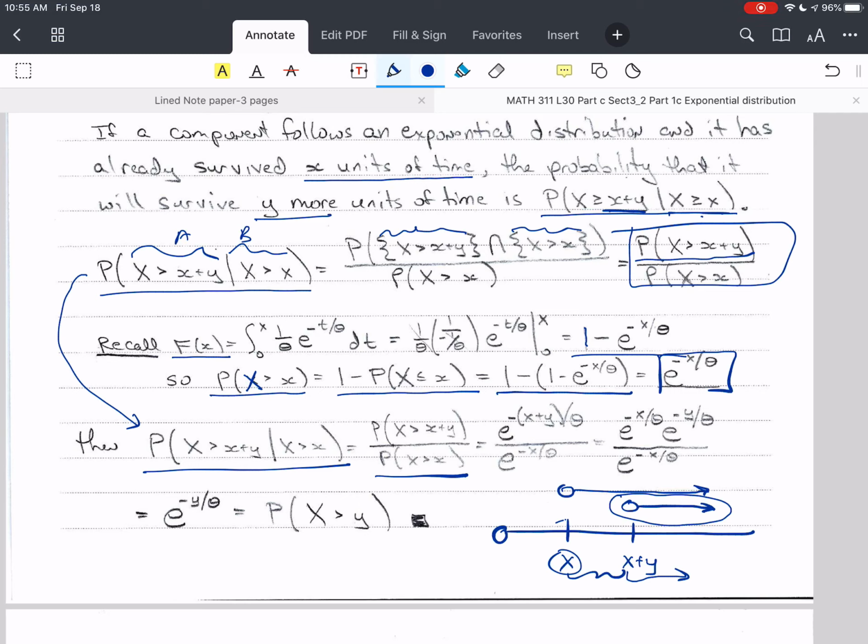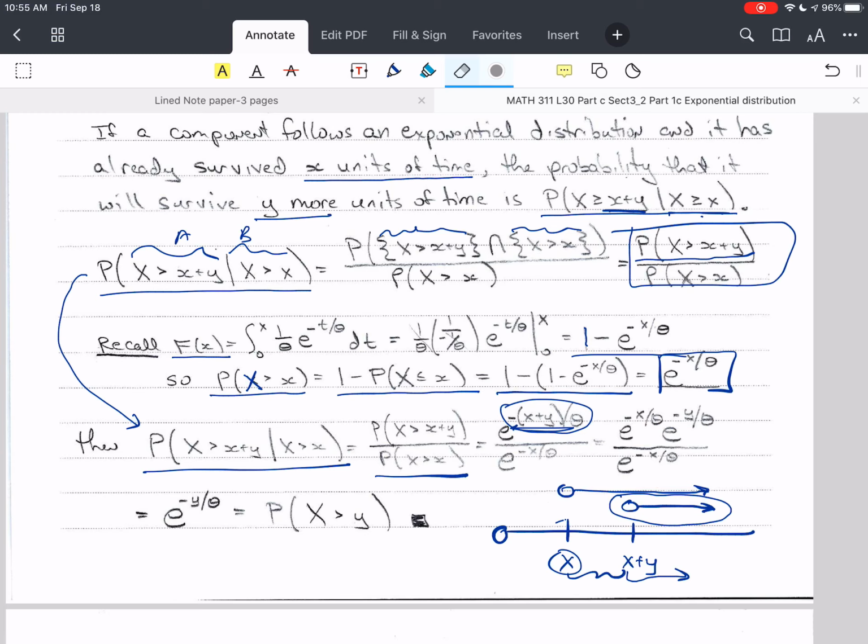And then we plug in for our exponentials. And remember, we can decompose the exponential into the product, e to the negative x over theta times e to the negative y over theta. Again, if you multiply these, you add the exponents, so with the common denominator theta, they go back to this, but we're going to keep them separate.